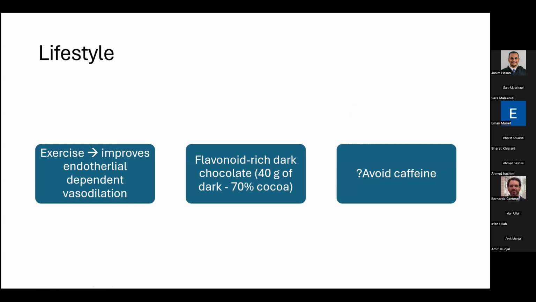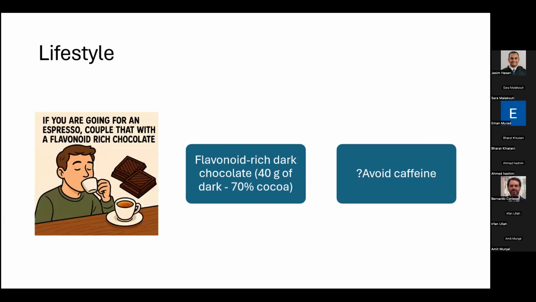This study was on patients with a heart transplant. And caffeine, people always ask whether it will increase the sympathetic tone, whether it will play a role. There's no data on that, but if you're going for an espresso, couple that with a flavonoid-rich chocolate. You cannot ask an Italian guy to avoid the espresso.